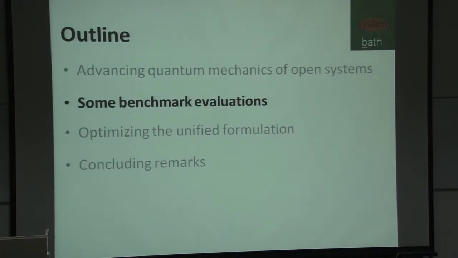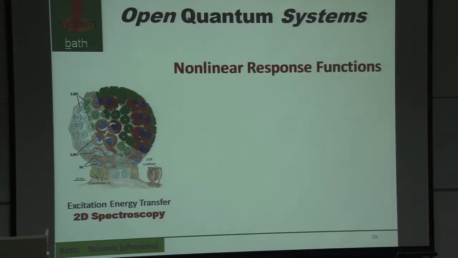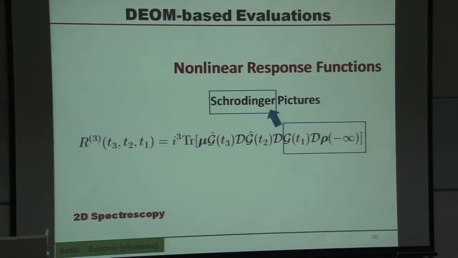Okay, some benchmark evaluations. Basically I just go over these 3 classes of baths, like 2-dimensional spectroscopies of some model biological FMO proteins. You need to calculate nonlinear response functions. Basically, you need a 3-time correlation function, with 3 time variables, and you can have a Heisenberg picture.